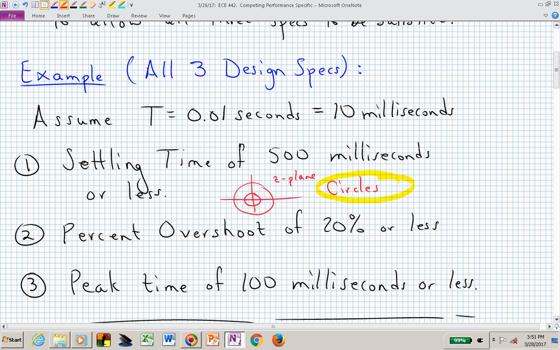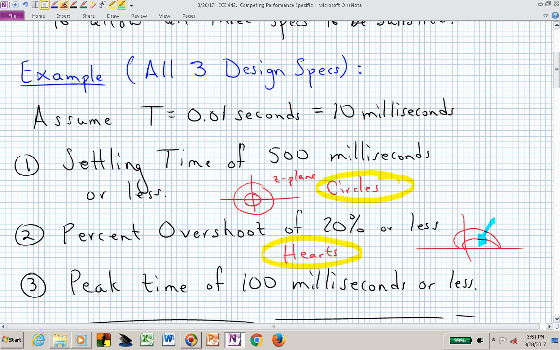For a percent overshoot specification, we are looking at hearts or logarithmic spirals, and as you want a smaller percent overshoot, you want that logarithmic spiral or heart shape to collapse down to where it gets closer and closer to the real axis. So that's the percent overshoot spec.